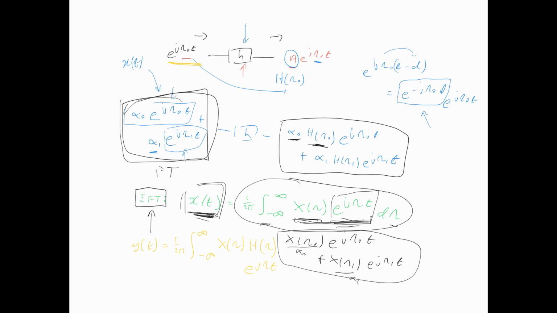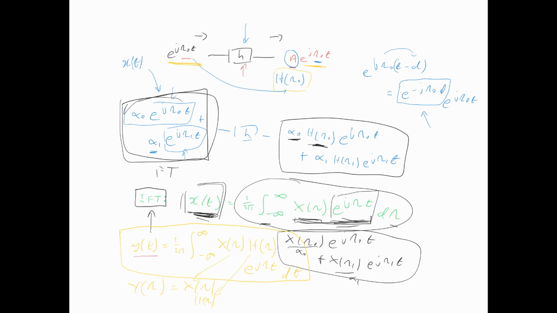So here, a sinusoid at a certain frequency comes in. The output is going to be a sinusoid at the same frequency, just modified by the channel impulse response at that frequency. And that's how we intuitively understand this formula here, which is saying nothing more than the output in the time domain is equal to the product of the input x and the channel impulse response h.